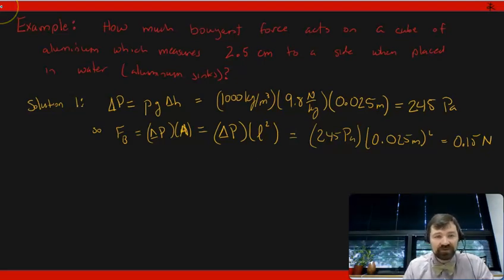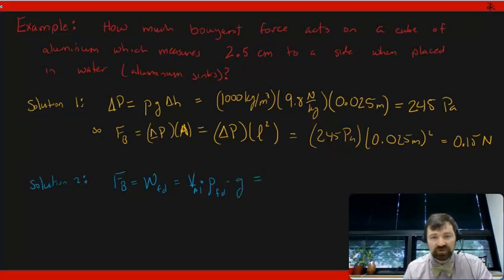Now, if we want to solve it using Archimedes' principle, this is solution 2. What we do is we'd say the buoyant force is equal to the weight of the fluid displaced, which is equal to the volume times the density of the fluid, so the volume of the aluminum block, density of fluid times g. Okay, so that ends up being 0.025 meters cubed.